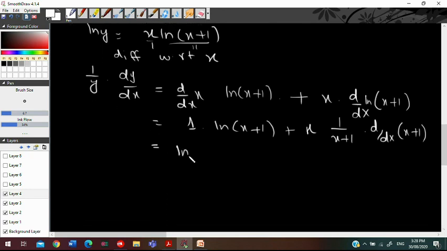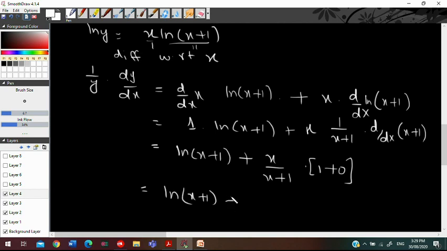Now log of x plus 1 plus x divided by x plus 1, and then when we apply the derivative on the inner function, we have 1 plus 0. So log of x plus 1 plus x divided by x plus 1.